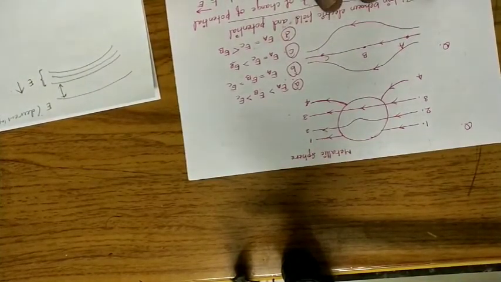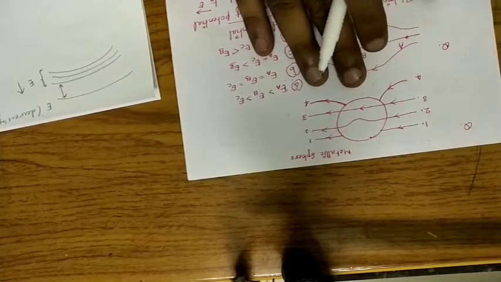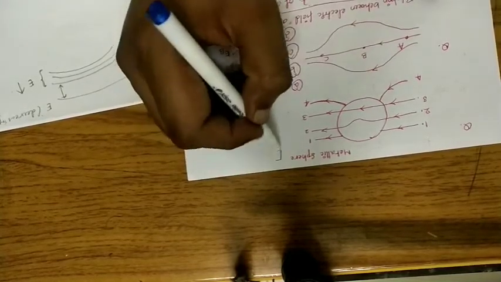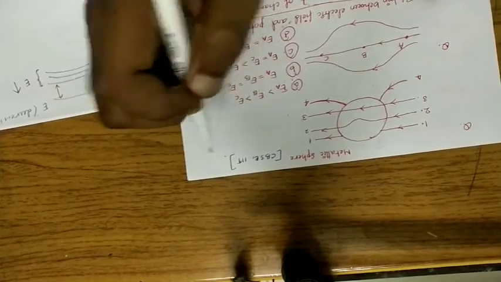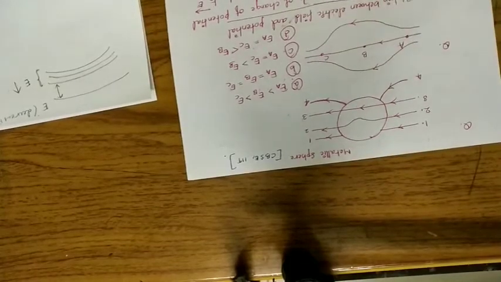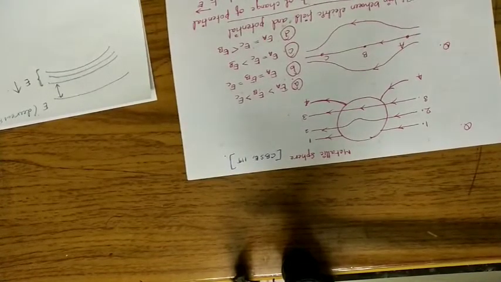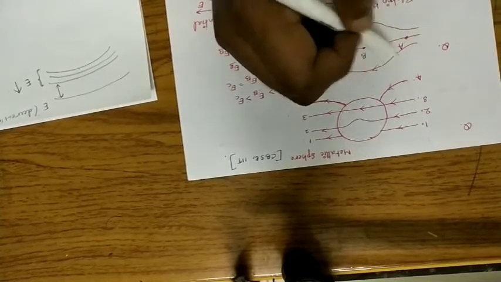We will try to do some questions based on the topic we learned now. This is an IIT question which is also important in CBSE. Here there is one metallic sphere, as you can see, and they have given you 4 electric field lines, namely 1, 2, 3, 4.